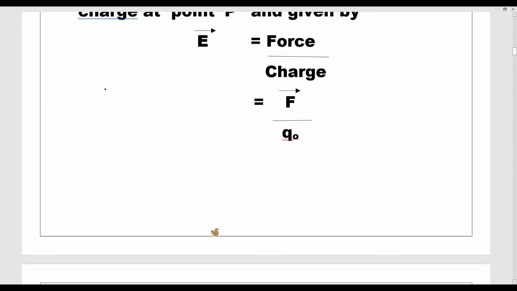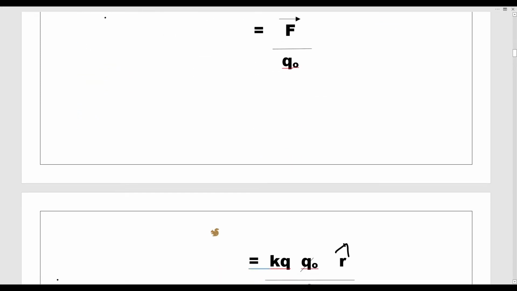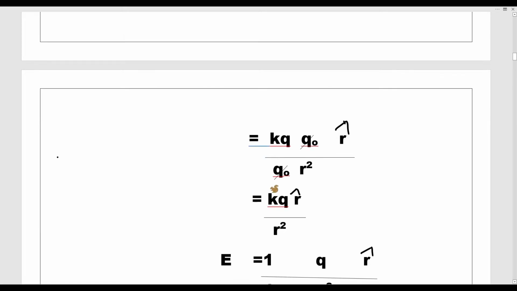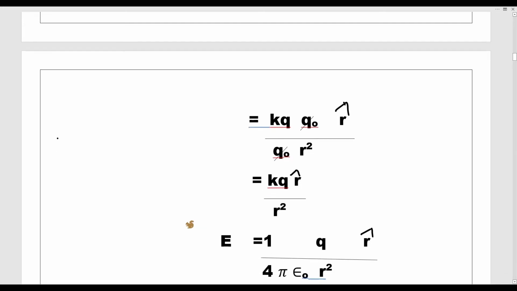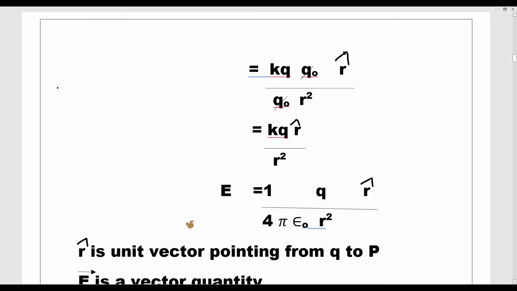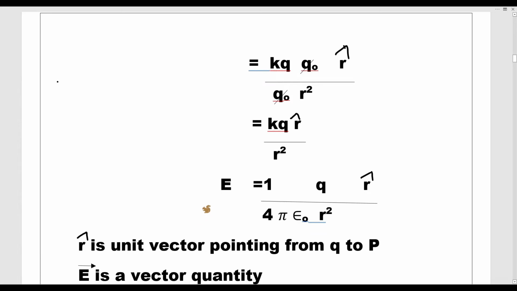We all know that F vector is equal to K Q Q naught by R square into R unit, and we substitute F vector in the place of F vector by Q naught. Here Q naught gets cancelled and E vector is equal to KQ by R square R unit.